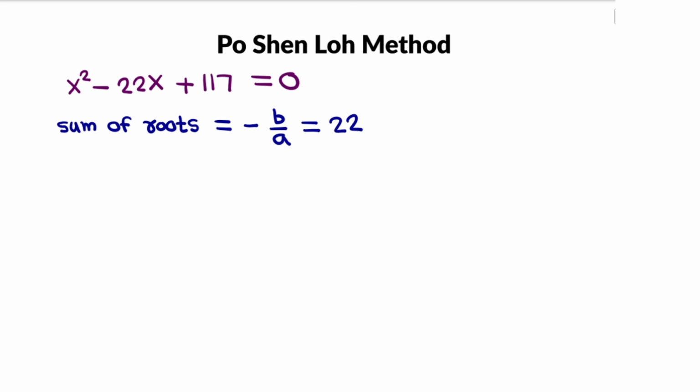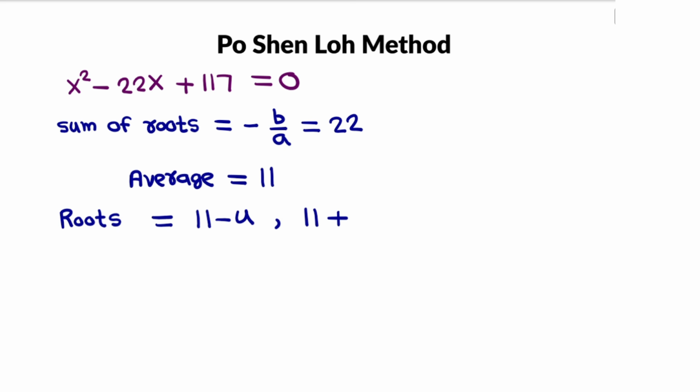Now, if two numbers add to 22, their average has to be 11. So instead of guessing the roots, we write them as 11 minus u and 11 plus u, because the roots sit equally around the average.